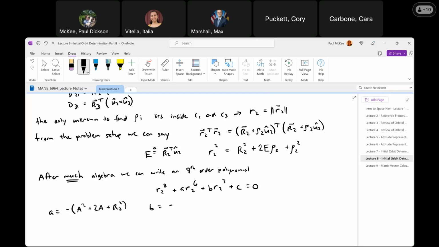Little b is negative 2 mu capital B, and then in parentheses, A plus B. And little c is negative mu squared B squared.